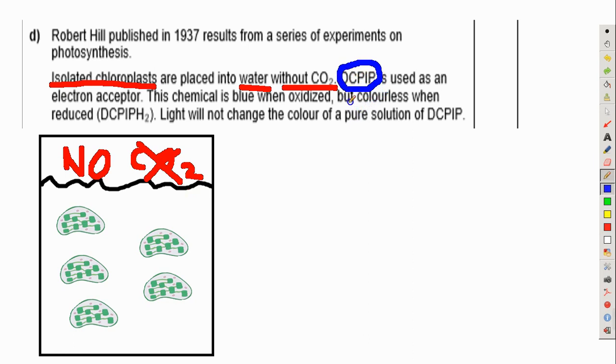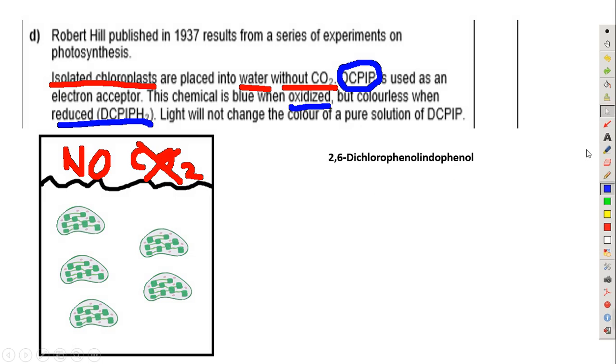DCPIP is an electron acceptor, that means it can take electrons, it can gain electrons. And this is interesting. The chemical is blue when oxidized. Oxidized means it doesn't have these electrons and H pluses, so it's DCPIP, and it's colorless when it's reduced into DCPIPH2. This might be a little bit obscure, so I'm going to try and detail it a little bit more.